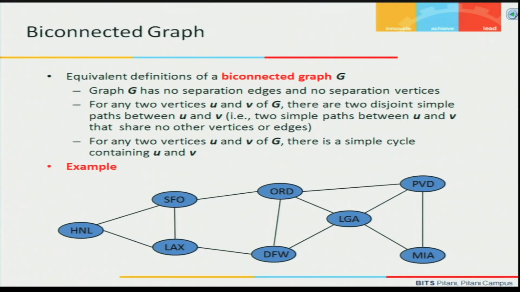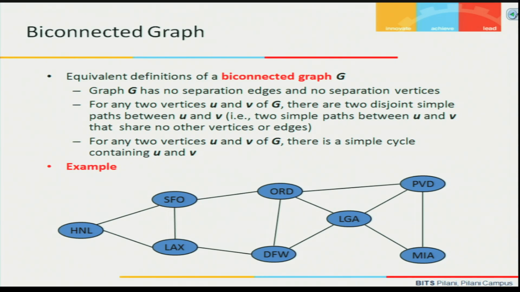That means, if you have any 2 vertices on a graph, there is more than one path connecting them, so if one path fails, you still have another path to route your data. Such graphs or networks are also called fault tolerant networks. That means, you can reroute the data if one particular path fails for some reason.